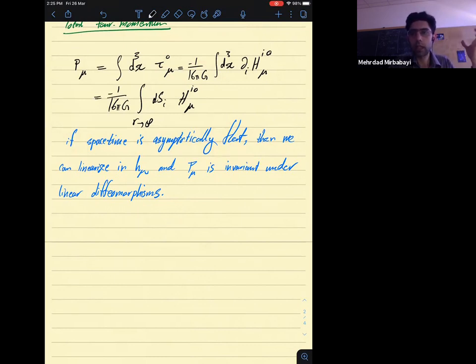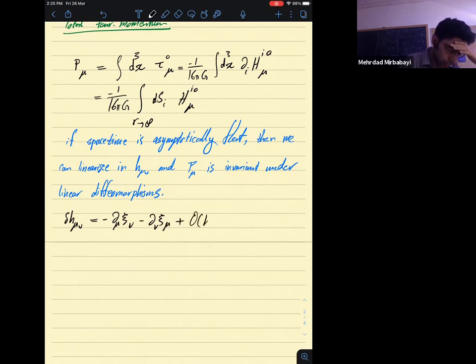If we translate it into a transformation of h mu nu, then the transformation of h mu nu under diffeomorphism will look like the following. It will have d mu xi nu minus d nu xi mu plus terms that include the order h. So they include xi, but they also include h alpha beta, the components of h.